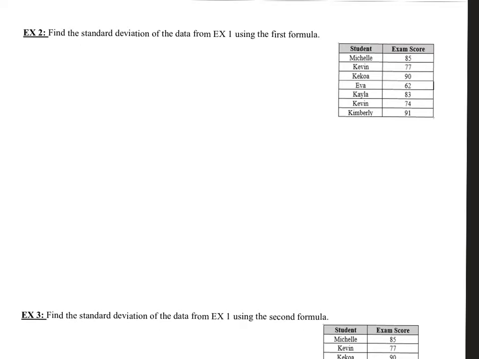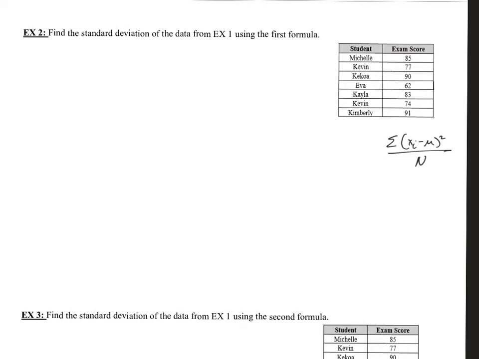Alright, so to figure this out, because we have a very complicated formula, we're going to work out the formula in steps. But the formula that we're going to use, remember, is the square root of the sum of your xi's minus mu squared divided by n. So what we're going to look for first is the xi minus mu, and then we'll take that value and square it.